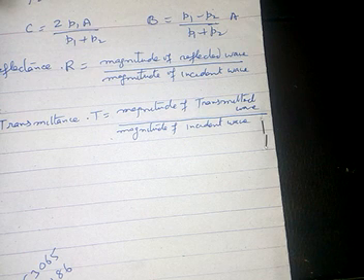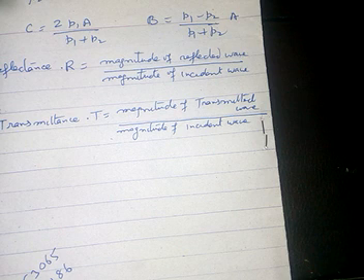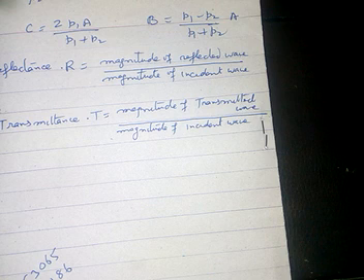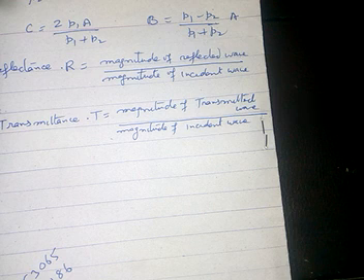The reflectance, or reflectivity or reflection coefficient, and the transmittance, or transmittivity or transmission coefficient, at the potential may be defined as follows. Reflectance, that is the fraction of electrons reflected, is equal to the ratio of reflected current to the incident current.